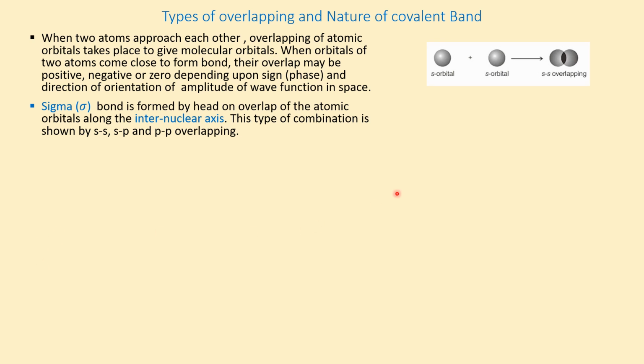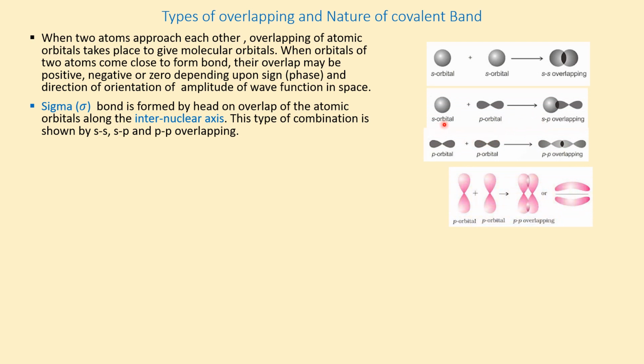In the first diagram, an s orbital and an s orbital come closer and combine. Please see the central part is overlapping, and this is called s-s overlapping.